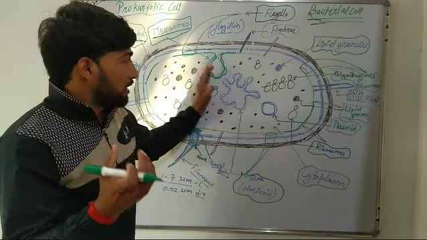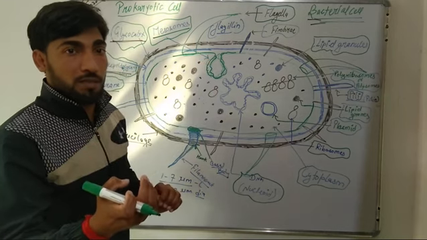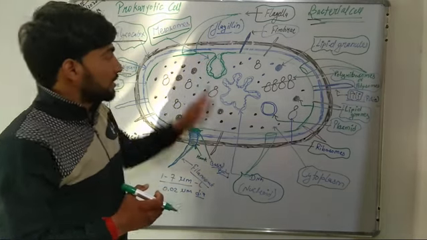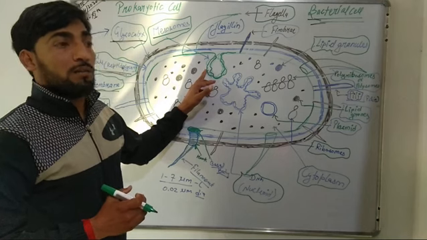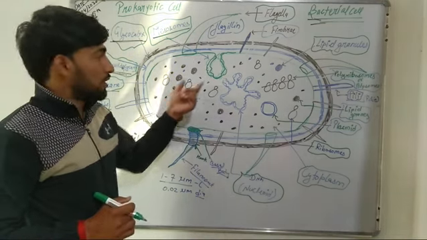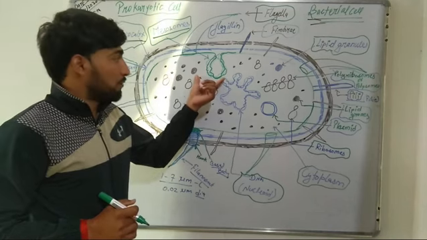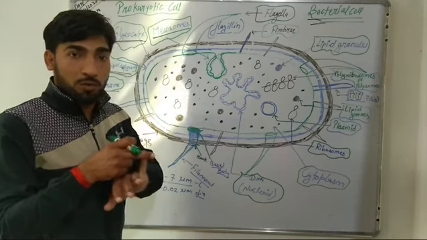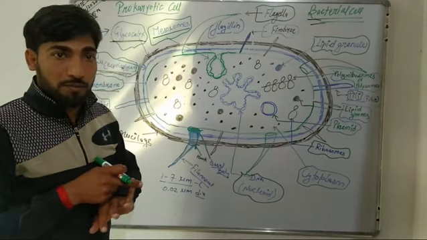In these, the formation of ATP occurs, and in that sense they are the mitochondria for prokaryotic cells. So their main function is to carry out the respiration process. They help in cell division, and they also increase the surface area of the cell membrane.